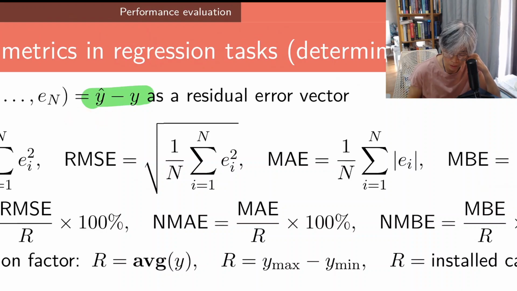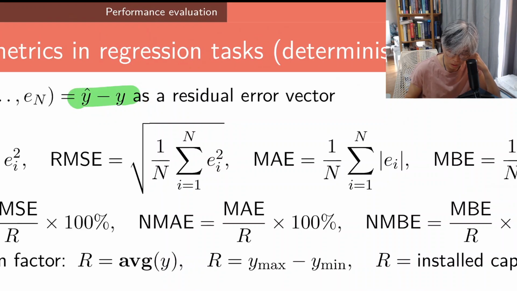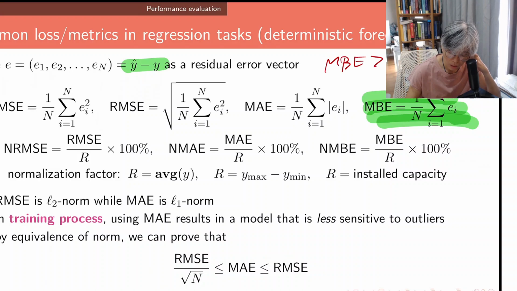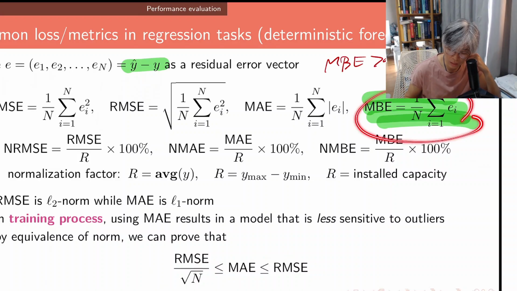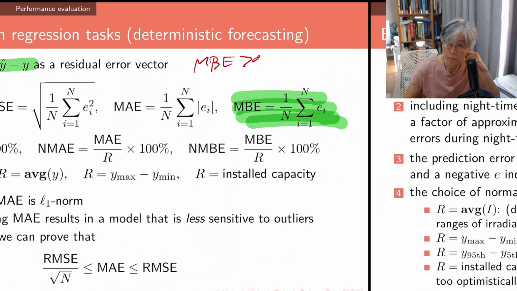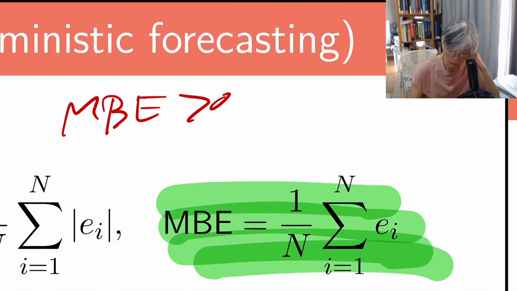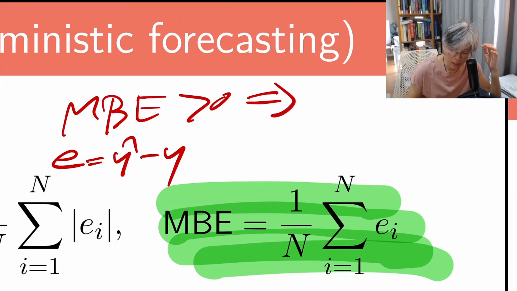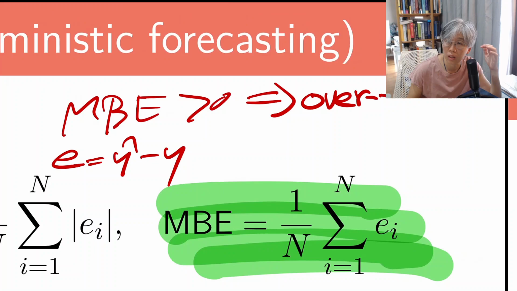People may define it as y minus y hat, but I prefer this choice because when I compute MBE, the aggregate sample mean of all the errors, if my MBE is positive, then because my error is y hat minus y, you can imply that your model overestimates.